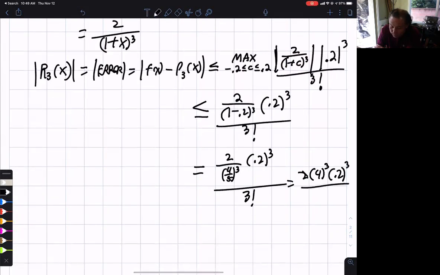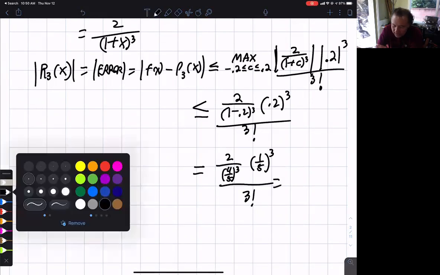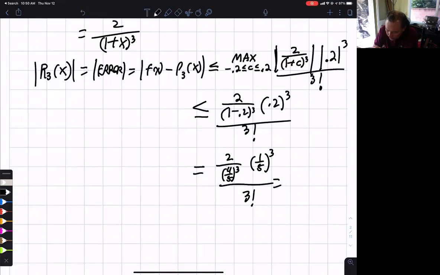And I probably could have changed that 0.2 to 1/5. Let me do that for you. 1/5 cubed, which is on top, we have a 2. Now this is crazy.